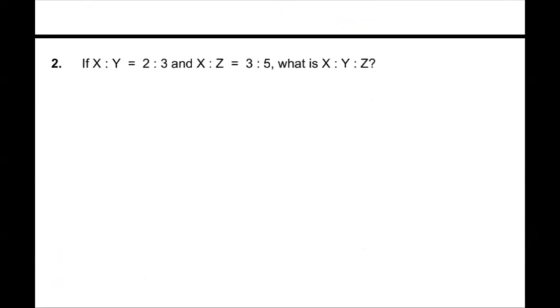If x is to y is equals to 2 is to 3, x is to z is equals to 3 is to 5, what is x is to y is to z? Now, this question is testing you on the heuristic skill of repeated identity.